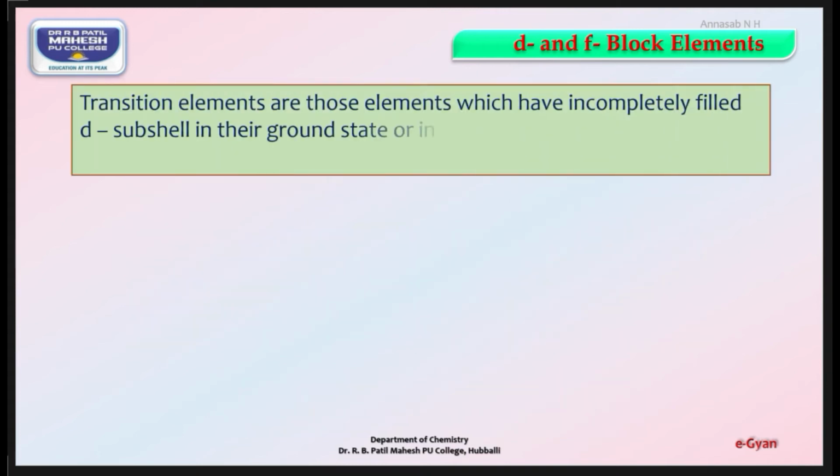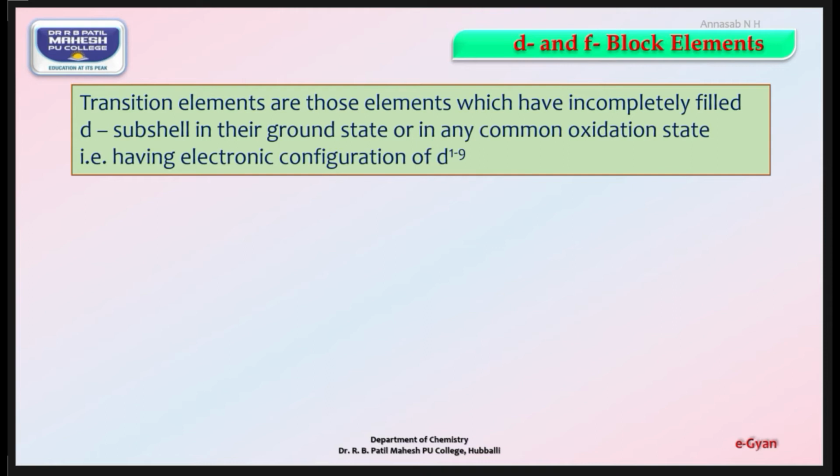Transition elements are those elements which have an incompletely filled d subshell in their ground state or in any common oxidation state, that is, having an electronic configuration of d1 to d9.